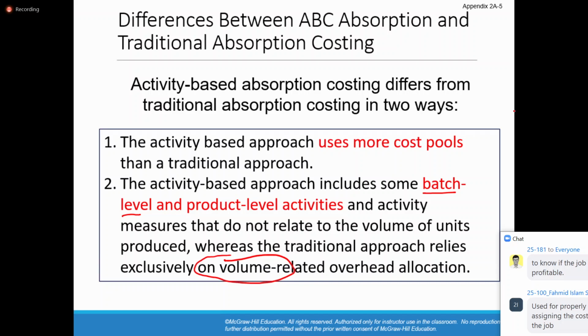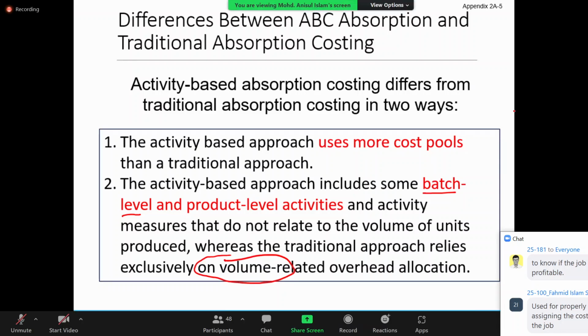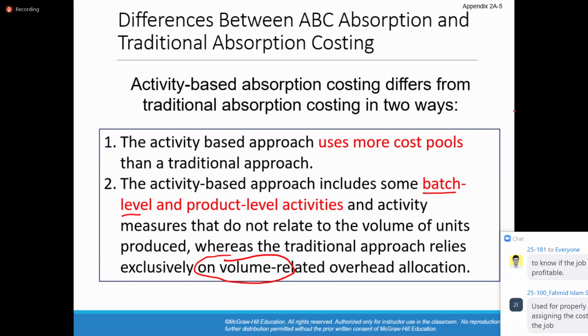Regardless of the number of products in a batch, you understand that for each batch, I need this setup cost, or I need this packaging cost, and this is directly applicable to the batch, regardless of the number of units the batch contains. So these are batch level activities. You do not need to bother about the number of products.